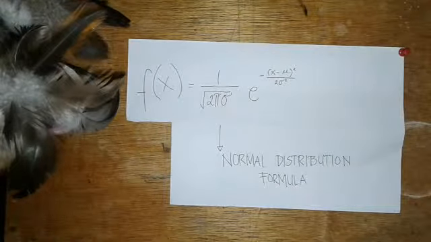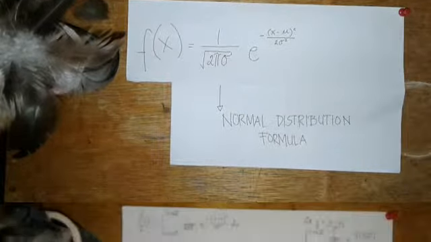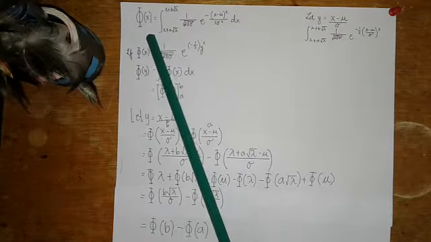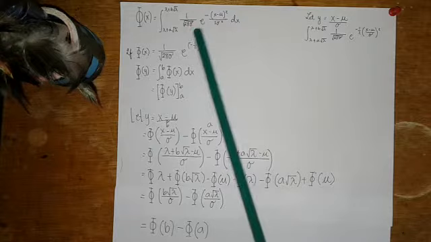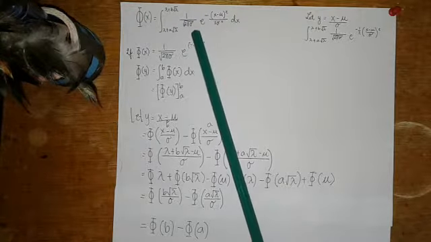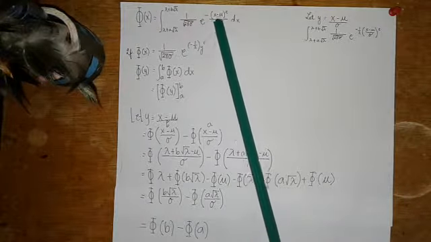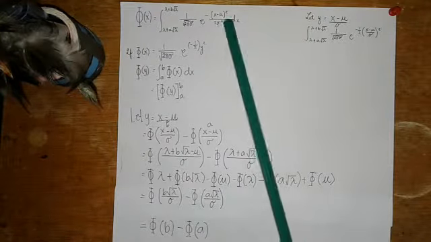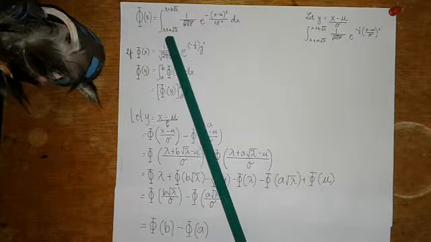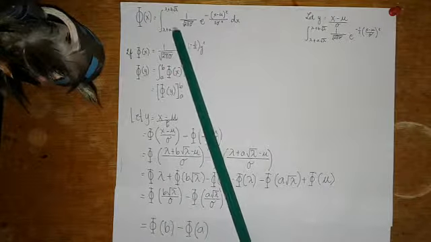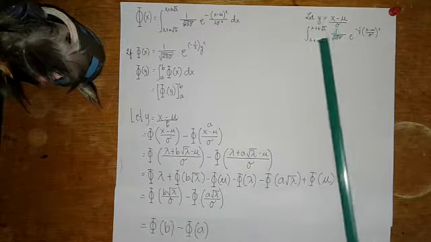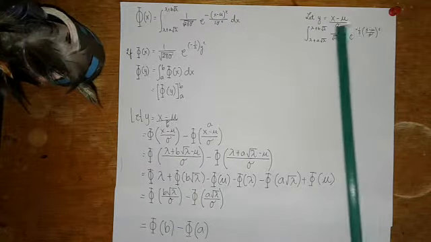Using the normal distribution formula, we have phi of x is equal to the integral of 1 all over square root of 2 pi sigma times e to the power of negative (x minus mu) quantity squared all over 2 sigma squared, evaluated from lambda plus a square root of lambda to lambda plus b square root of lambda dx. So we let y is equal to (x minus mu) over sigma.